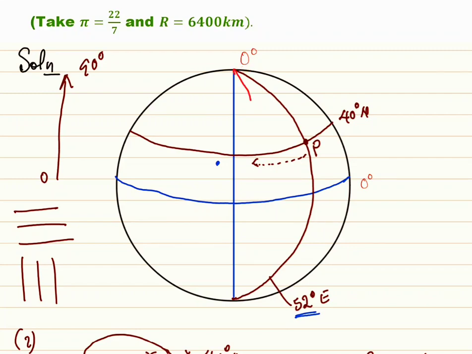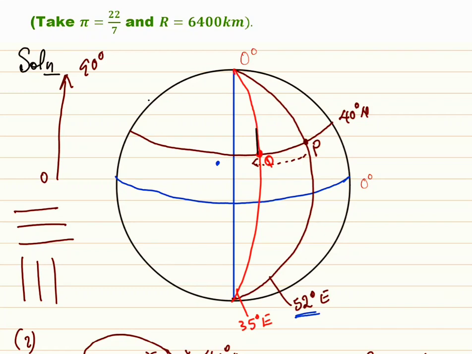So therefore, let's say this is 35 degrees east. Now, this is my point Q by our calculation. It is now moving from Q, and it goes up to 60.